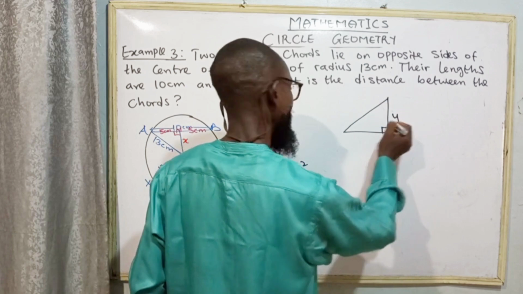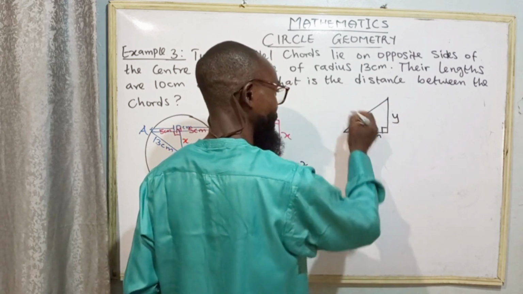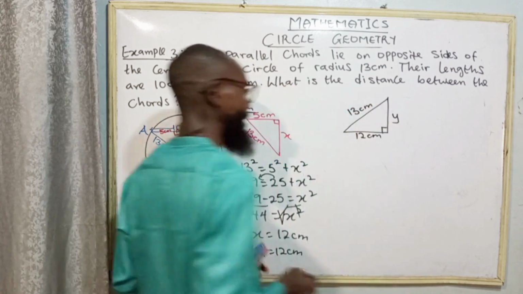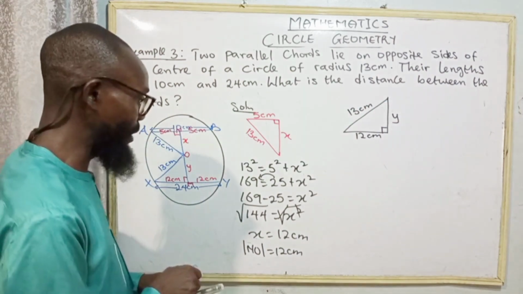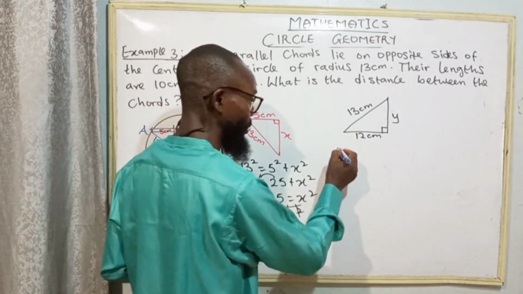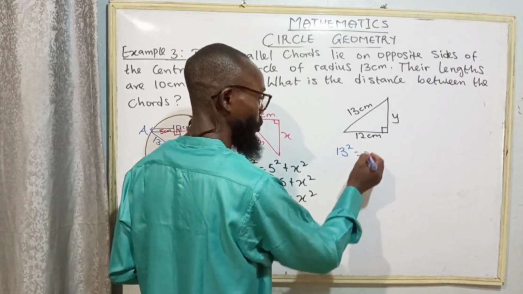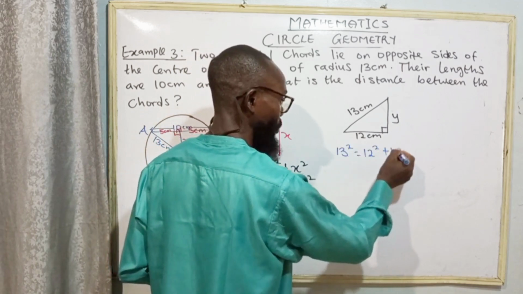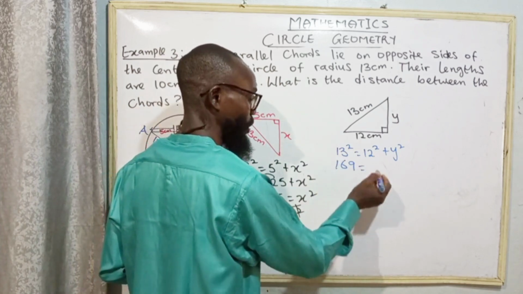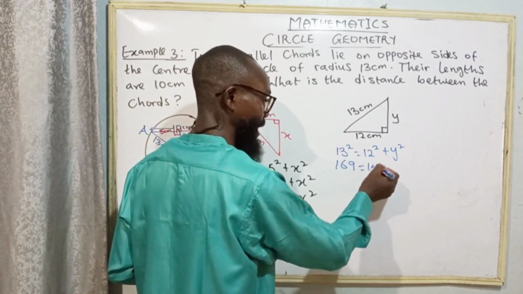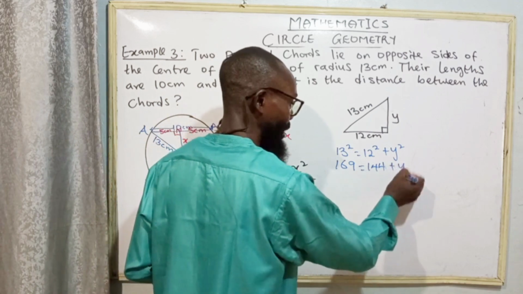Taking out the second triangle, here we have y, 12 centimeter, 13 centimeter. Now the hypotenuse will still remain 13. So we have 13 squared equals 12 squared plus y squared. 13 squared is 169 equals 12 squared, 144, that is 12 times 12, plus y squared.